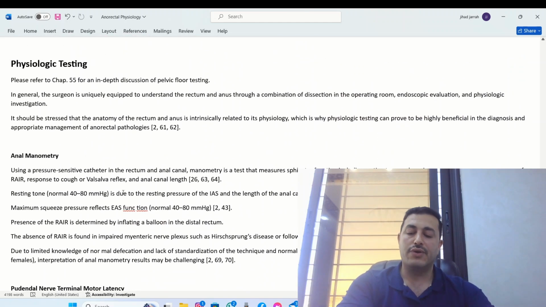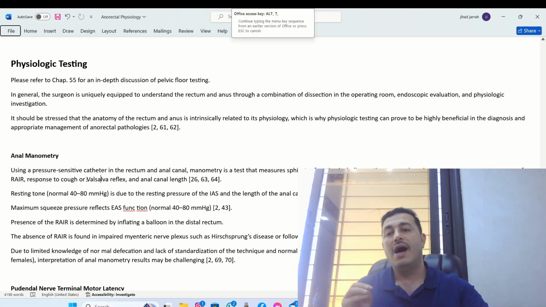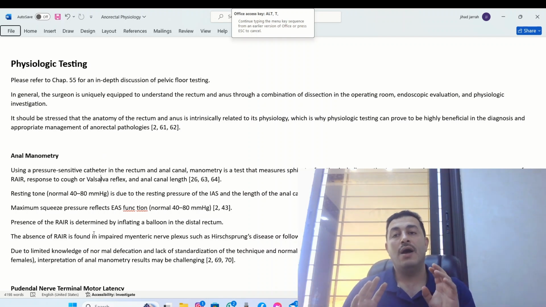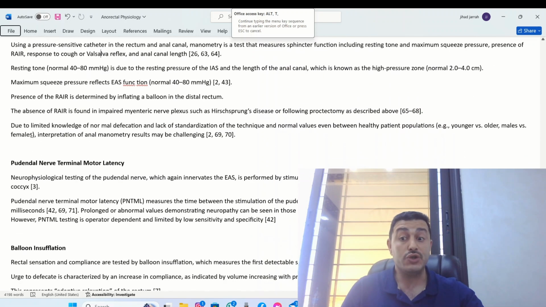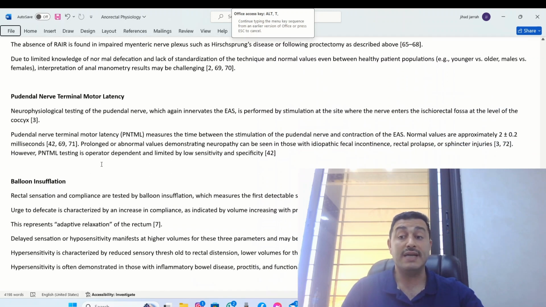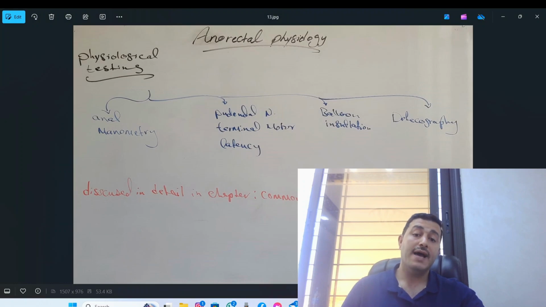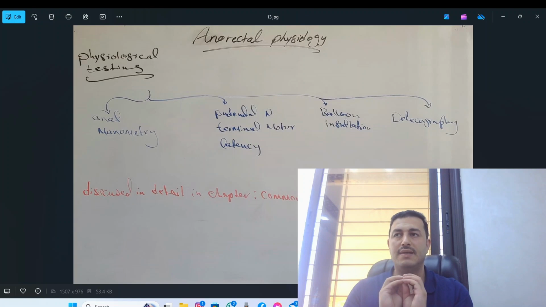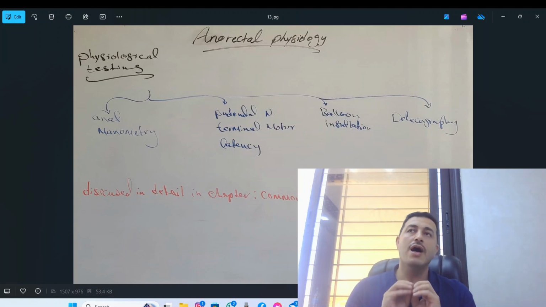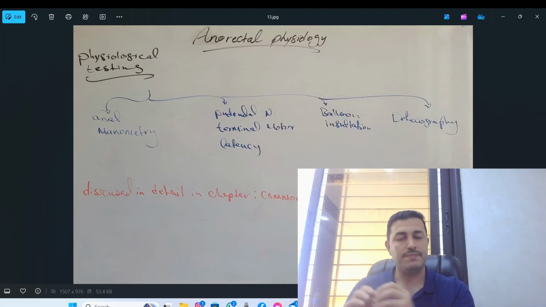This is regarding defecation. How do we test the previously mentioned functions of the anorectal region? We have physiological testing, for example anal manometry, pudendal nerve terminal motor latency, balloon insufflation, and defecography. This topic will be discussed separately in another lecture on common tests for the pelvic floor.